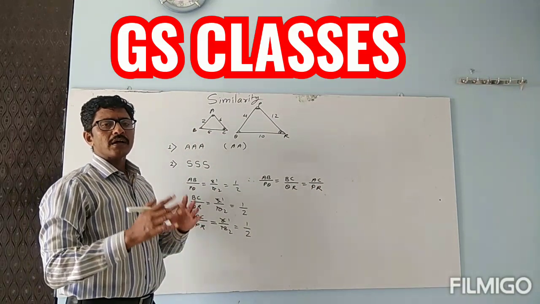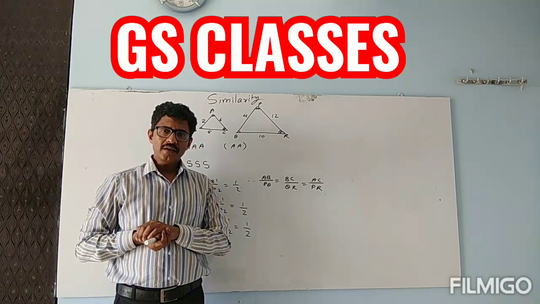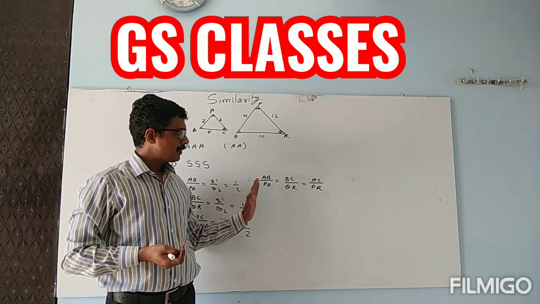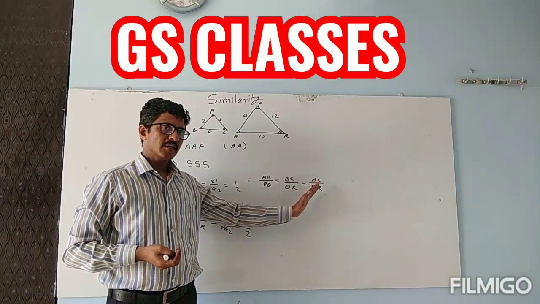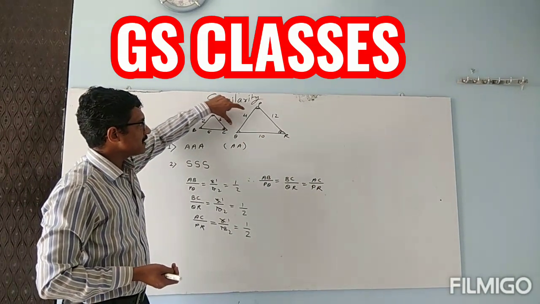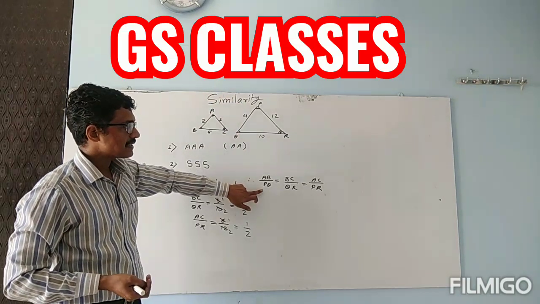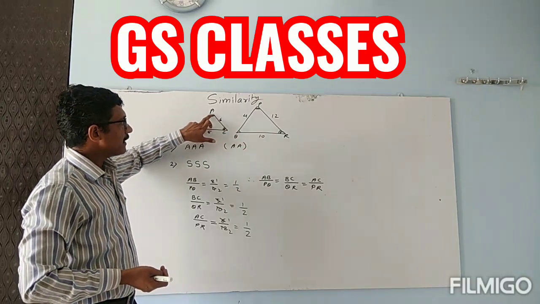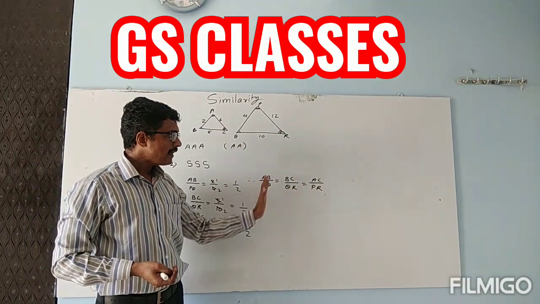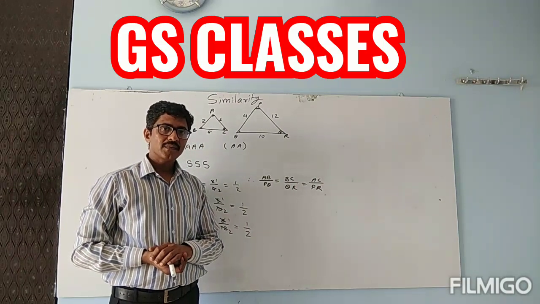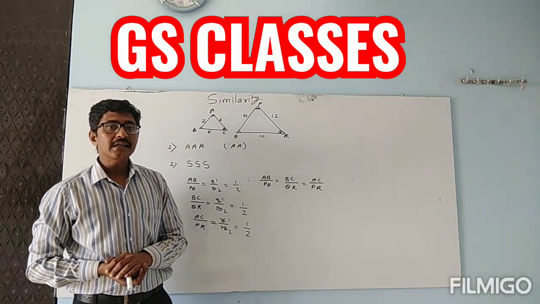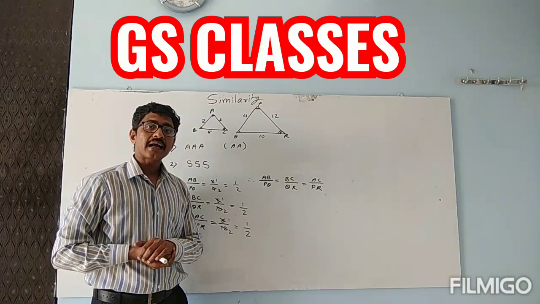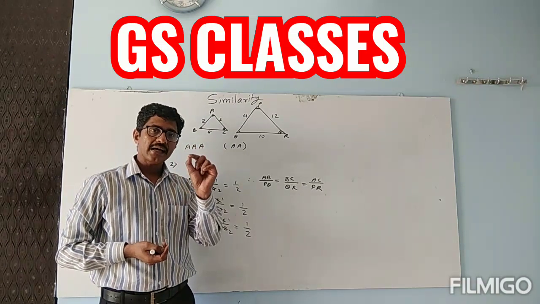Children, for any two triangles, if you are able to prove that the ratio of their corresponding sides are equal, means all the corresponding sides you are taking their ratio like this, AB upon PQ, then BC upon QR, AC upon PR, and if you are getting the same answer, then you can declare that these two triangles are similar by the criteria of SSS.